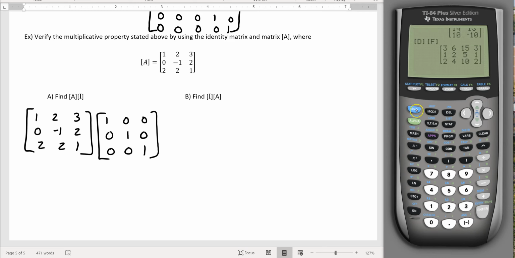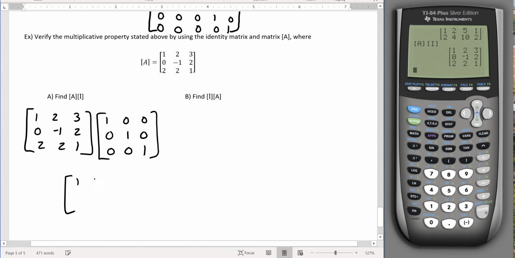So I'm going to find A times I. Second matrix A, second matrix, go down to I, enter. Notice this is the same thing as matrix A. I get the original matrix A because I'm multiplying it by that identity matrix. So 1, 2, 3, 0, -1, 2, 2, 2, 1.